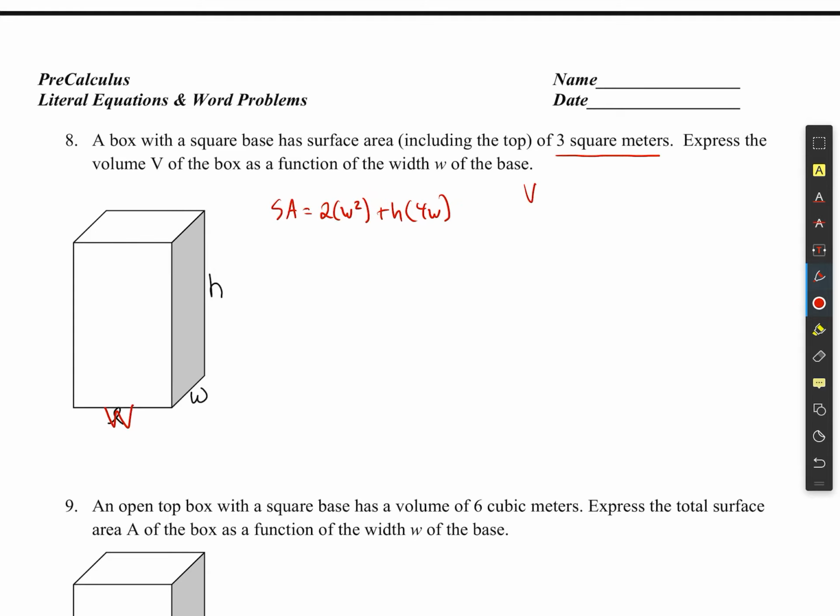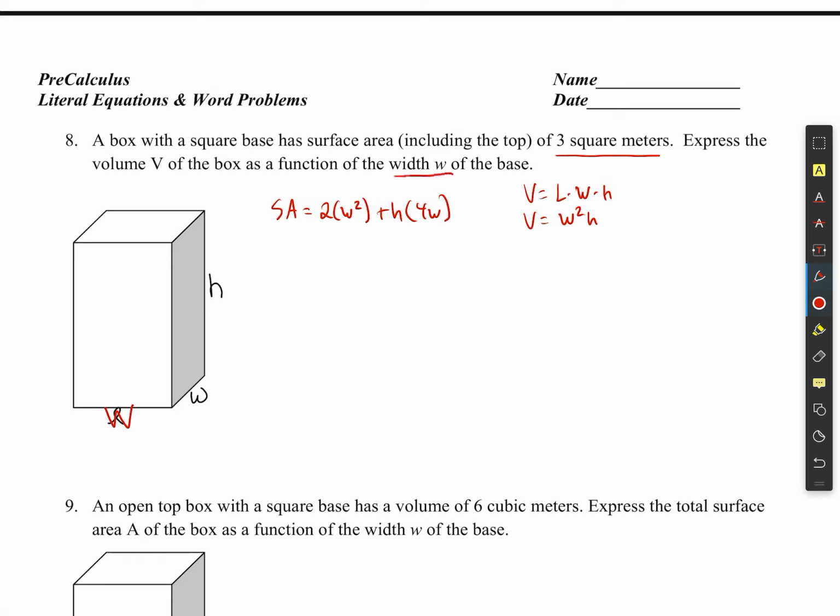Express the volume, which is length times width times height, which is in this case w squared h, in function of width. So we need an h equals equation because we want just w's.